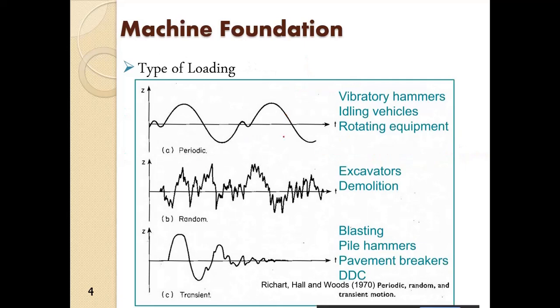This is the loading condition for the various types of machines. So we have a sinusoidal nature for reciprocating machines, and for impact type machines one impact and the response of the soil, then another impact and the response of the soil.